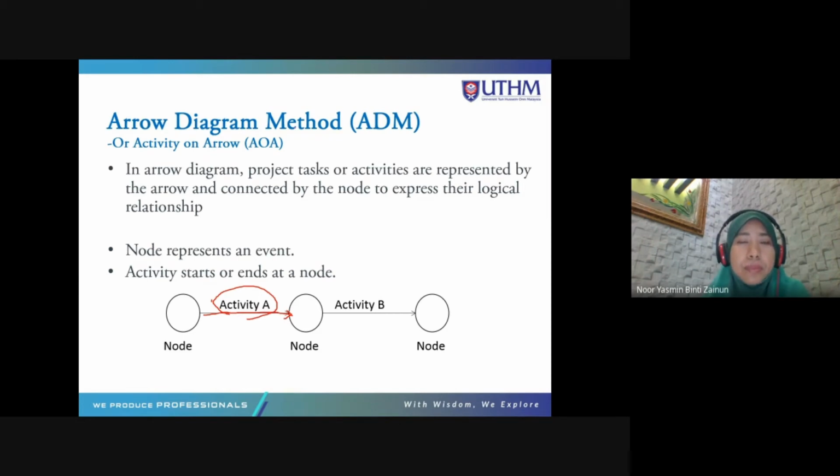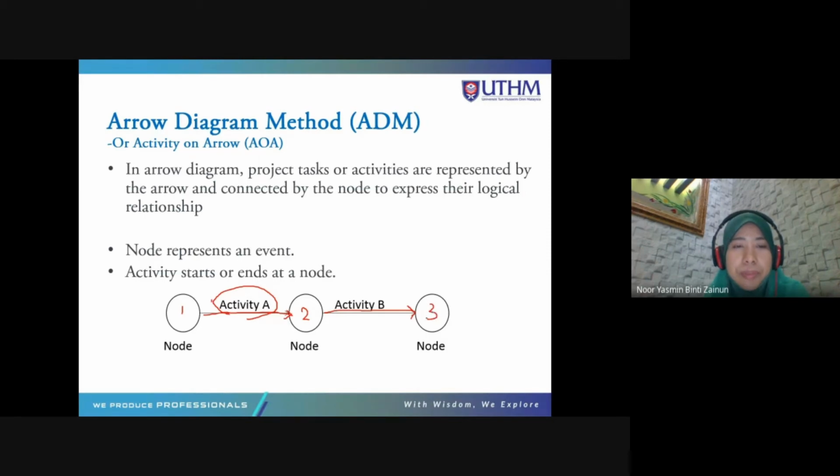The arrows are connected by nodes to express their logical relationship, from node 1 to node 2. This shows that after activity A finishes, then activity B can continue.